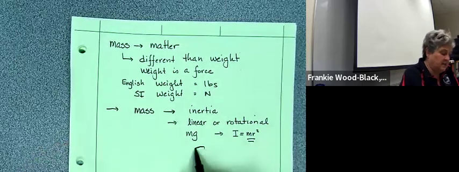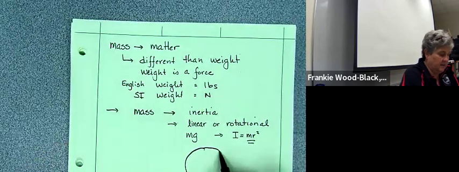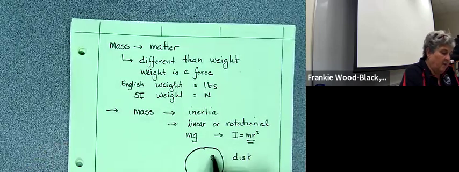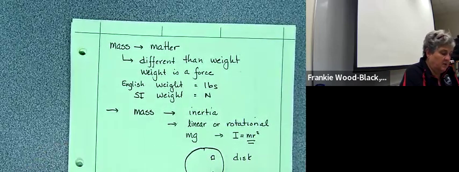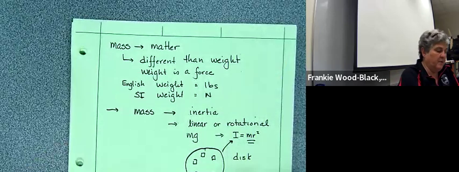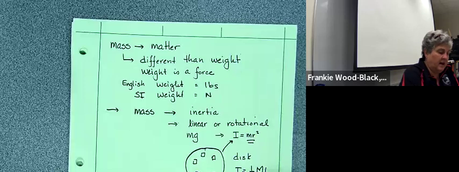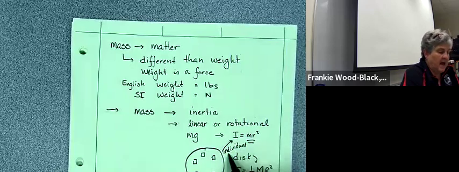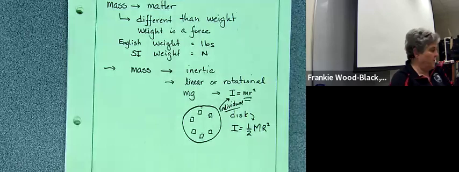And if I were doing disks, so if I had a disk, we are adding up all these incremental little items of mass to relate it back to my moment of inertia. And remember, for a disk, my moment of inertia worked out to be 1/2 the mass of the entire item times the radius squared of my circle. But this is related, these individual masses get us what we're needing.